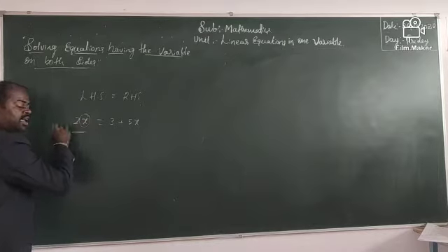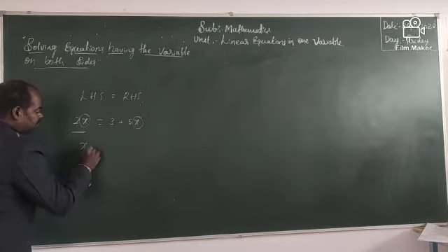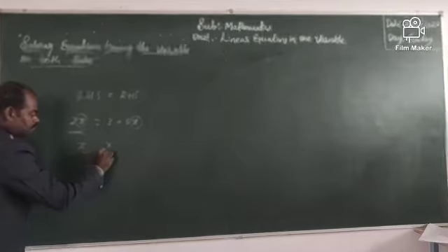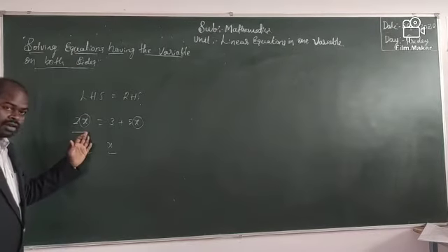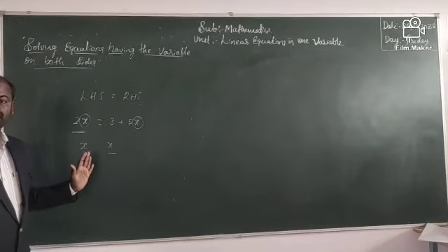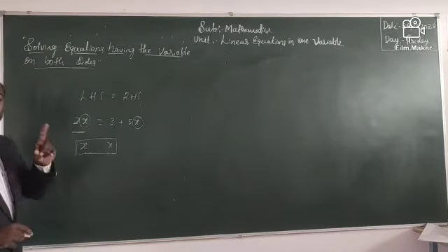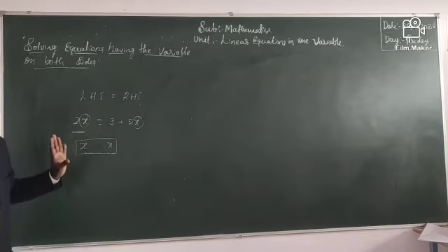Which is the variable? x is a variable here, and here also x is a variable. Got it, children? But here the variables are the same. Our variable is one, that means x and x both are the same. That is one variable.